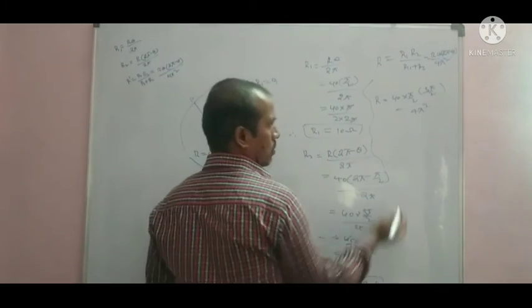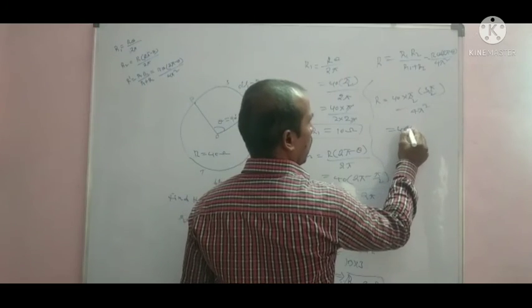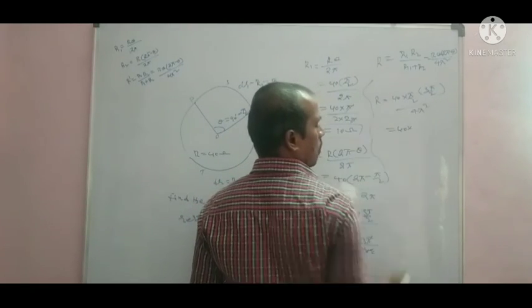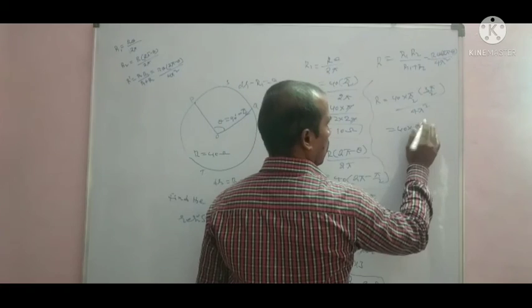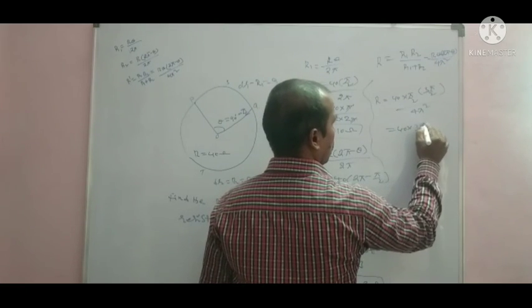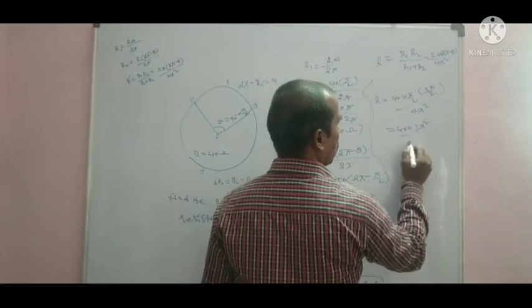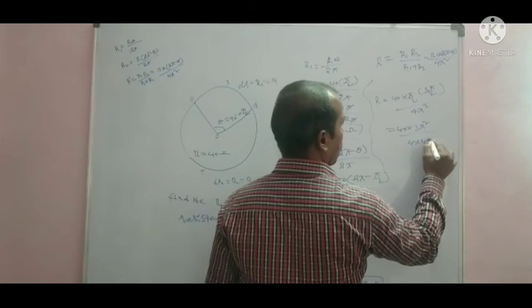So 40 into pi square into 3, by 2 to the 4 into 4 pi square.